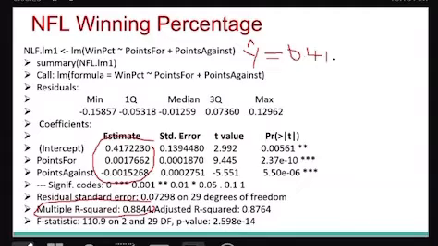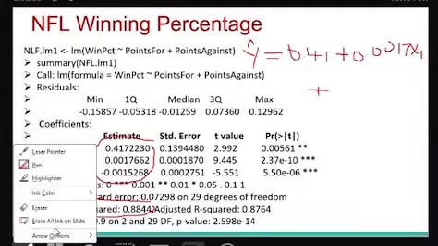Then plus 0.0017, maybe this is x1. What does x1 represent in this model? The x1 is points for. And then, sorry, not plus, negative.